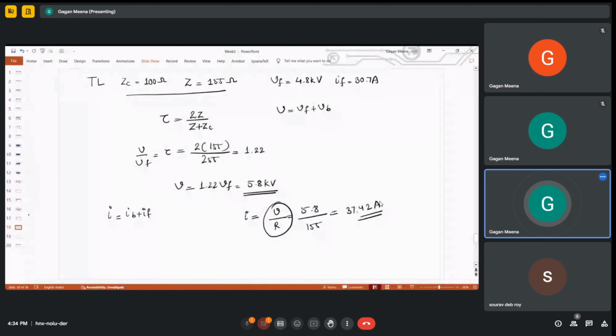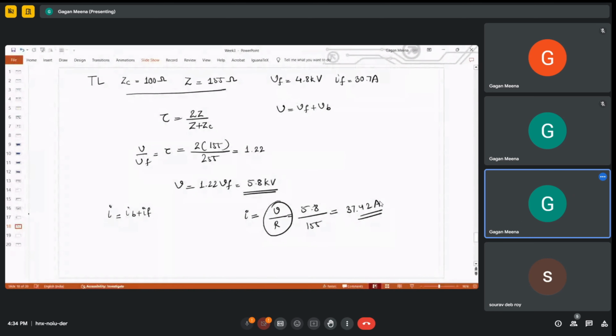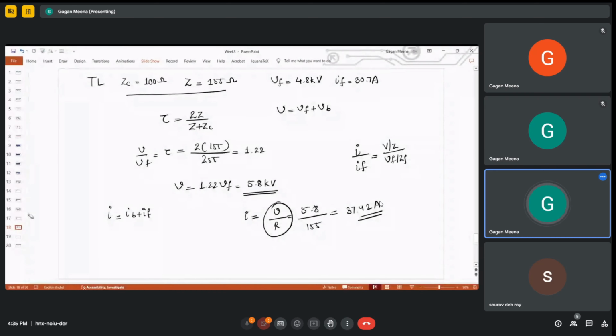We can directly calculate. It's V divided by Z, and this is VF divided by ZC.